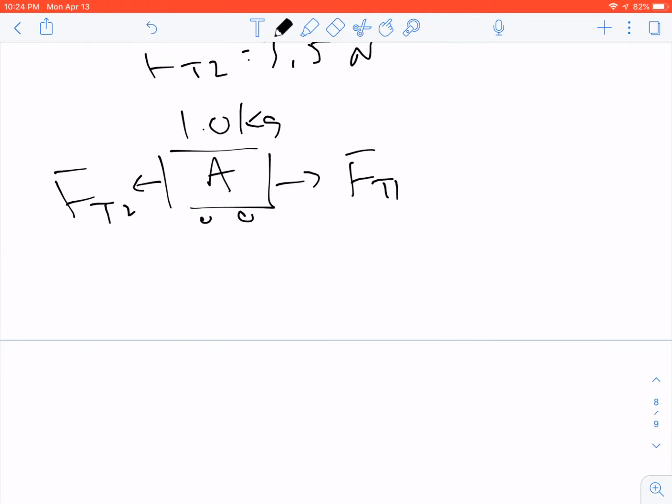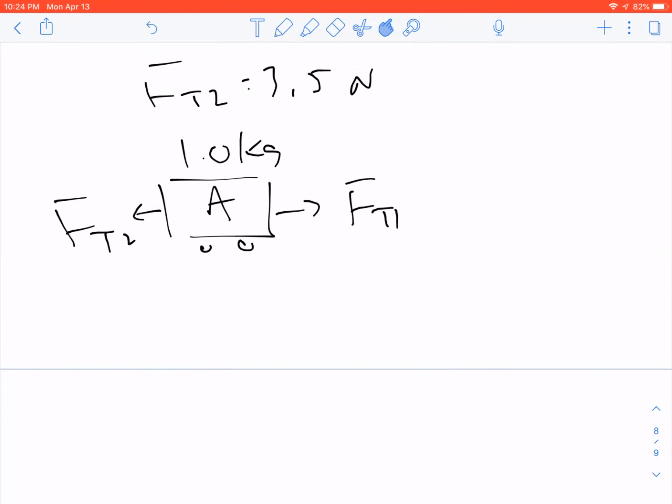Now, I know what string 2 is. It's right above there, 3.5 newtons, but it's now pulling cart A backwards. Where it was pulling cart B forwards, it's pulling cart A backwards. Newton's third law. So I end up with an FT2 of negative 3.5 newtons.